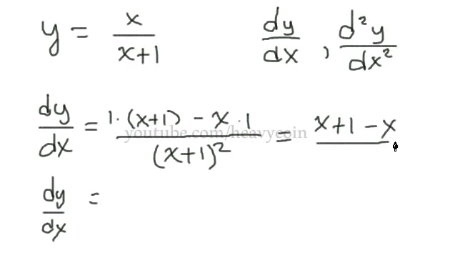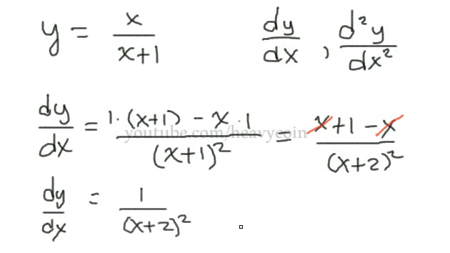Maybe you'll see it a little better if I just rewrite it. So as you can see, these x's here are going to cancel out. Okay, so the x's cancel out and we're left with 1 over x plus 1 quantity squared.